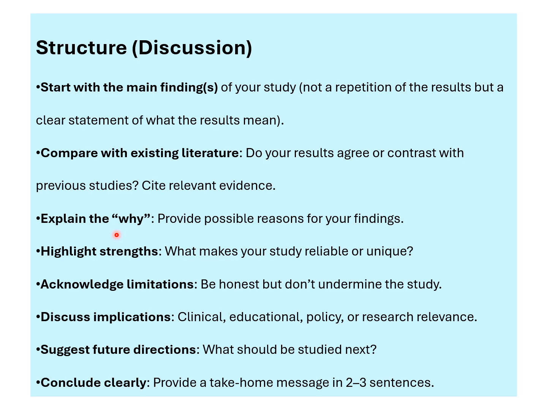So, for example, I start with one key finding, I compare that finding with contrasting and similar literature supporting or contrasting with my finding, and then I explain why. This provides possible reasons for your finding, and here comes the input of the researcher.